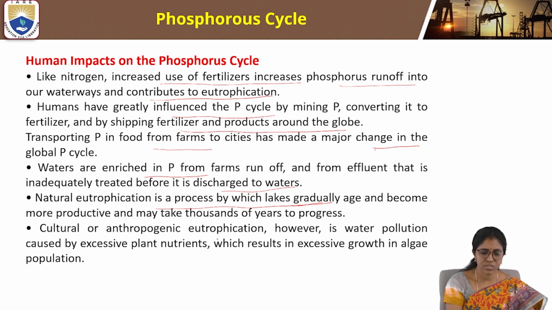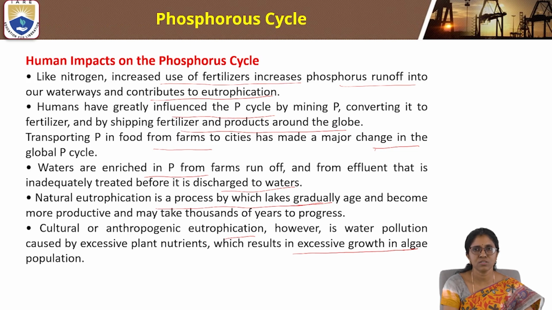So cultural or anthropogenic eutrophication, however, is water pollution caused by excessive plant nutrients, which results in excessive growth of the algae population. These are the human impacts on the phosphorus cycle.